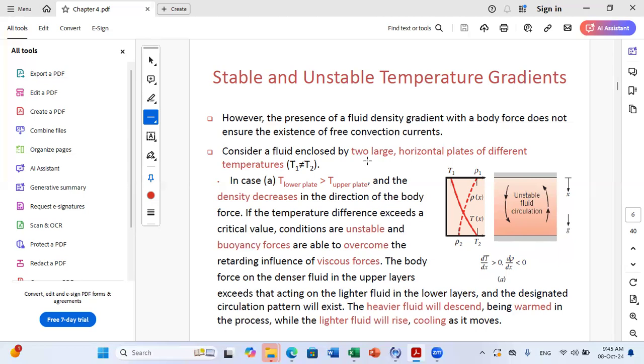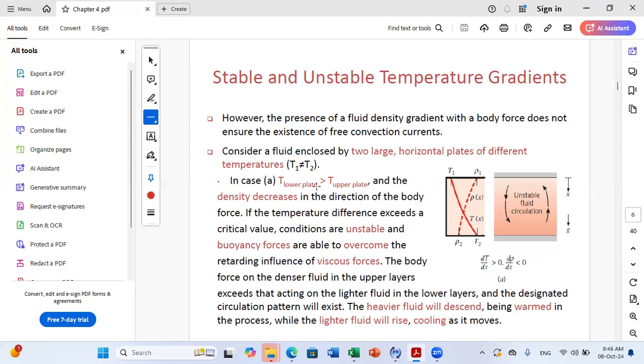We have another condition. As we said, the condition is that if we have, for example, T2 larger than T1, while rho 2 is smaller than rho 1, then this will create circulation in our system. In the opposite case, if I put a larger temperature from the upper side, I will not induce any circulation. So this is case A.